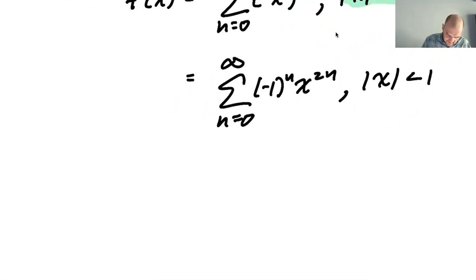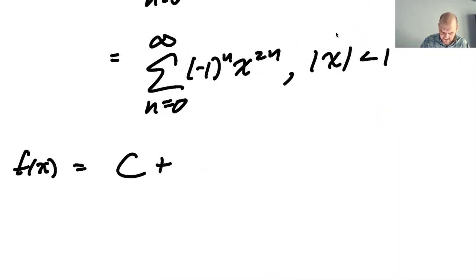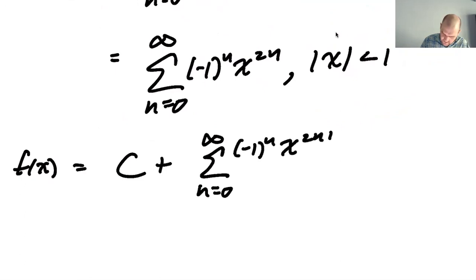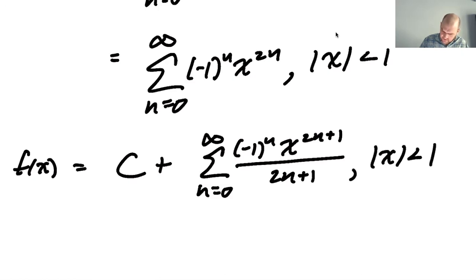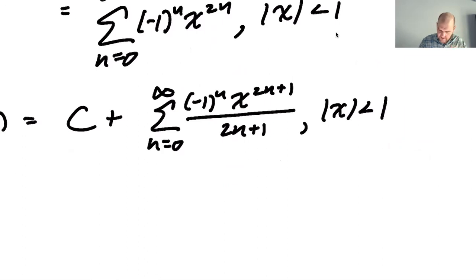So we're going to say that f of x is some integration, constant of integration, plus the sum from n equals 0 of -1 to the n, which is a constant multiple, x to the 2n plus 1 over 2n plus 1. Absolute value of x is less than 1. Oh, no, we don't know that yet.